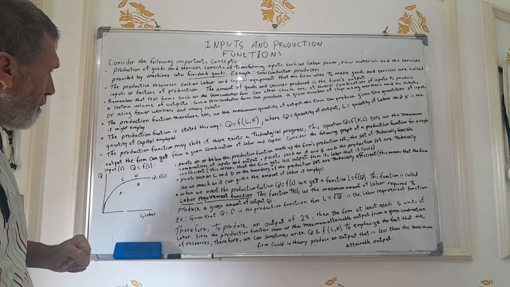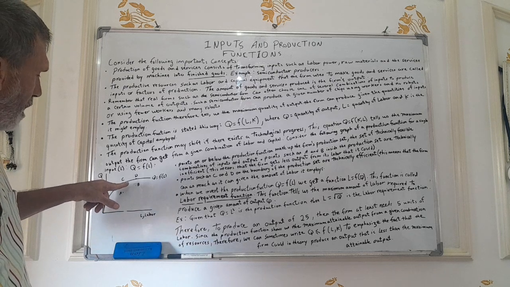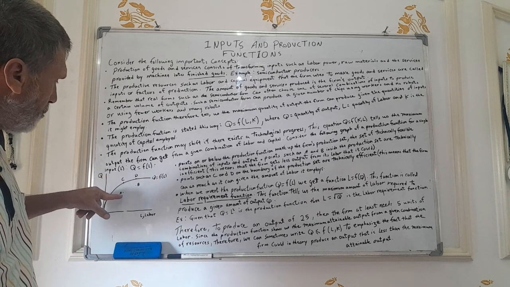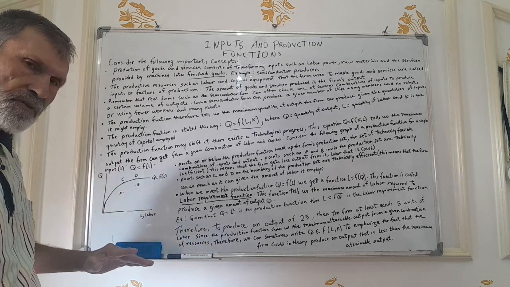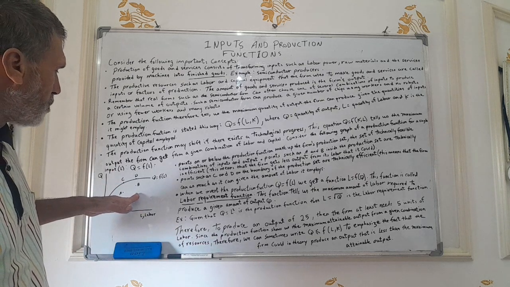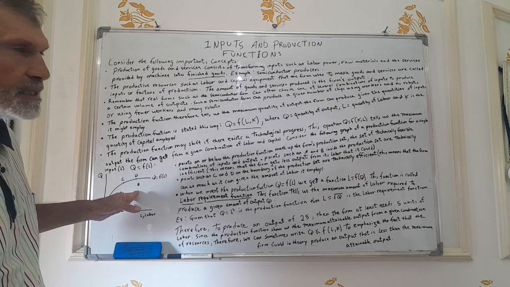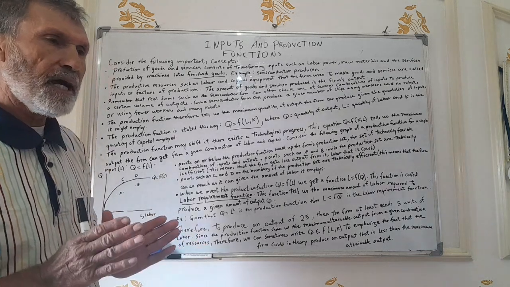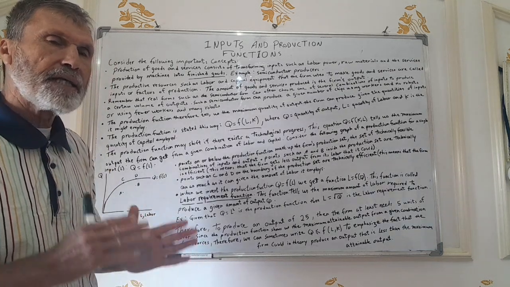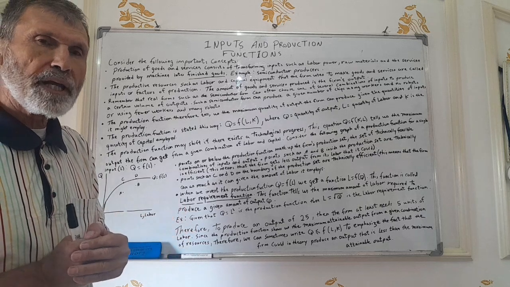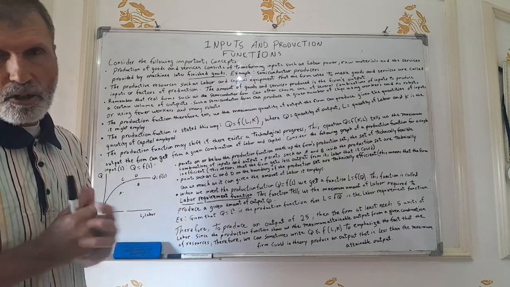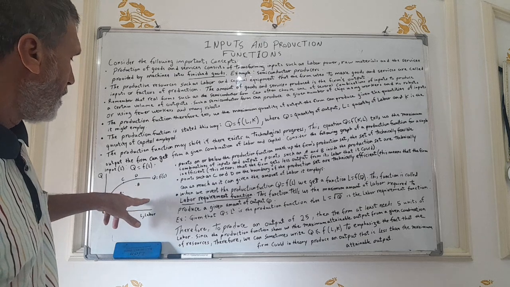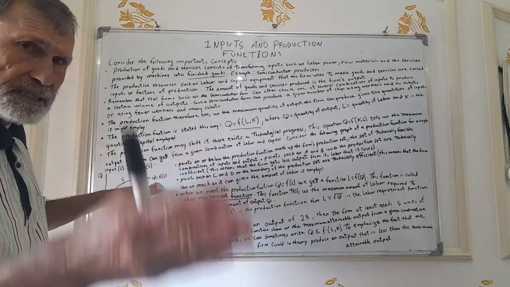Now, as you can see, points that are on the production function and below the production function, inside the production function, constitute the production set, which is basically the technically feasible combinations of inputs and output. Of course, we know that the production function was the maximum.